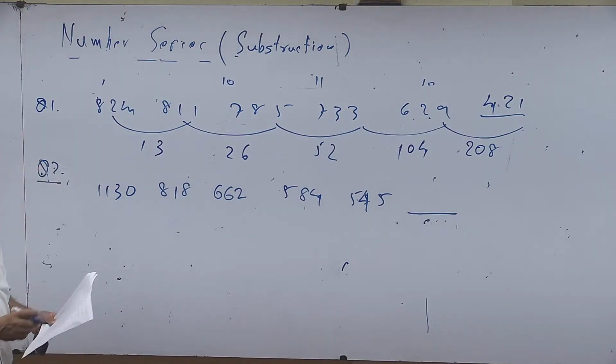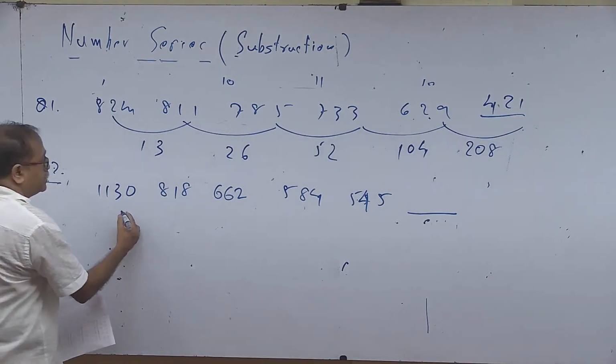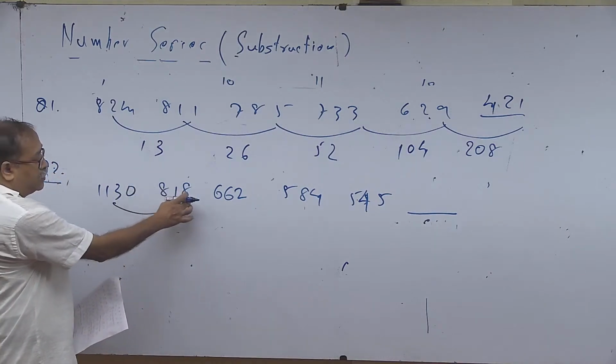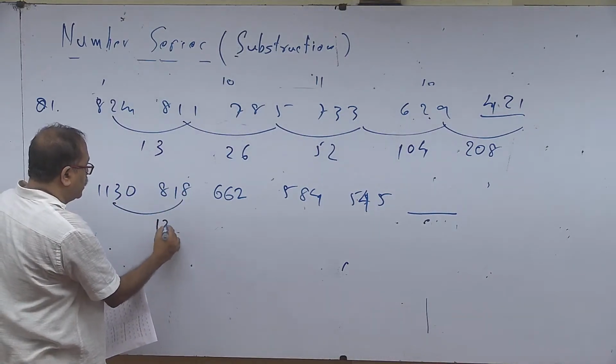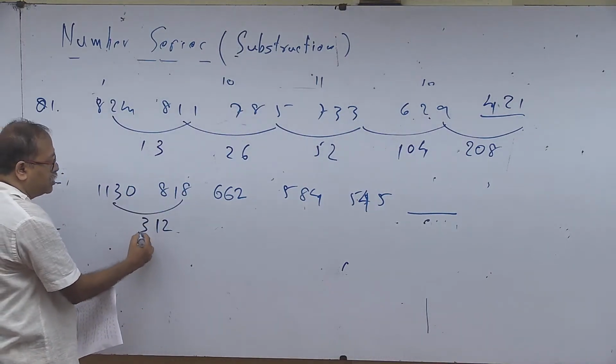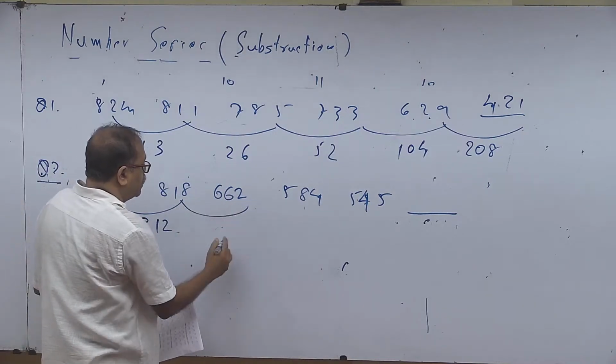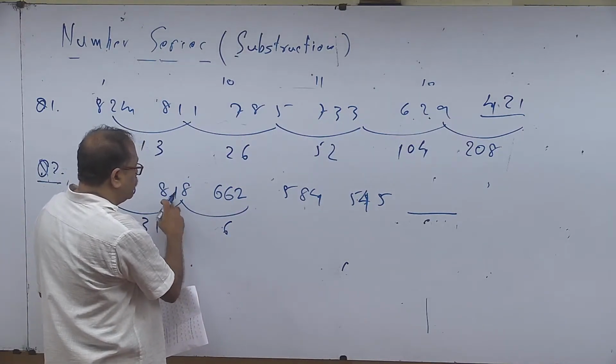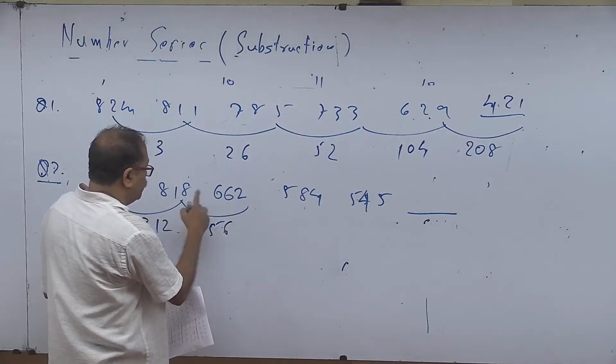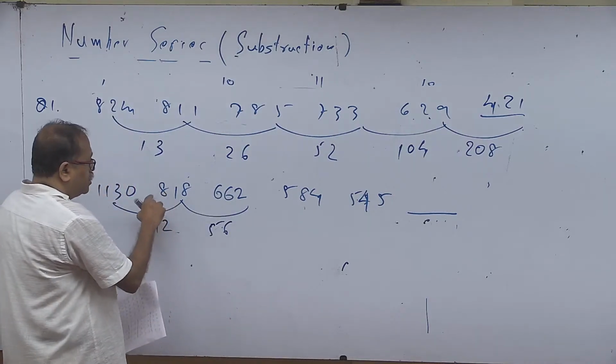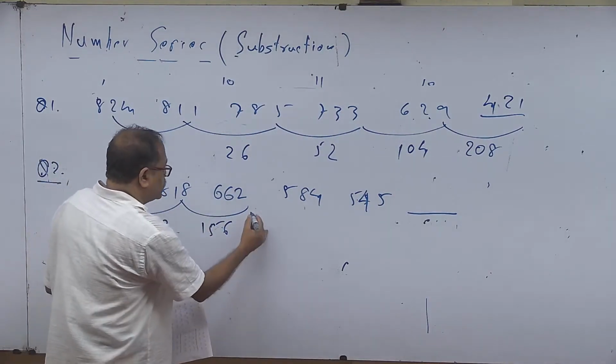So you know we are dealing with a subtraction based question. Take the differences as fast as possible. From 30 if you take out 18, then it's 12, and this is 3, and from here to here 8 minus 2 is 6, and then 11 minus 6 is 5, and then it comes 156.